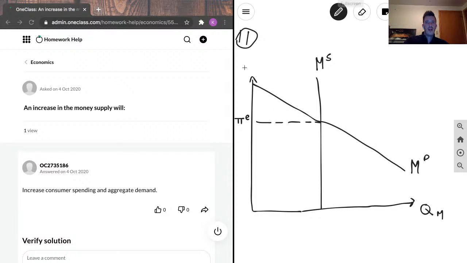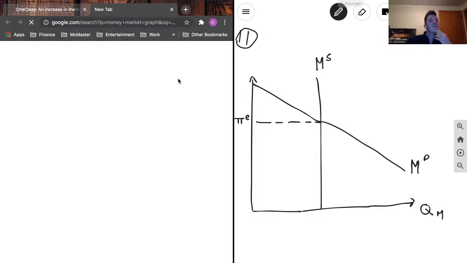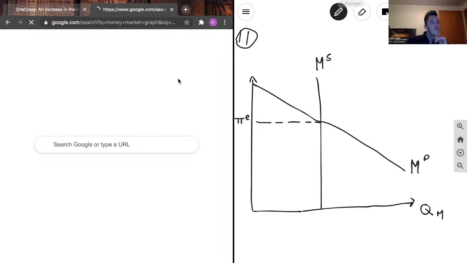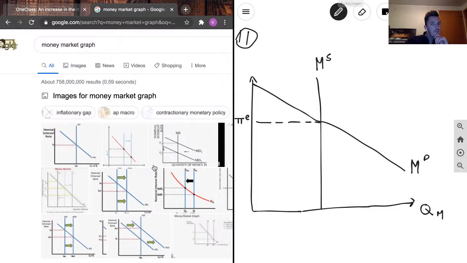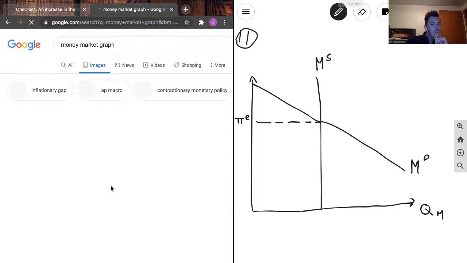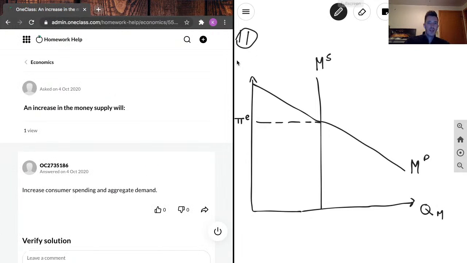I can't remember how to label the y-axis. Oh, just nominal interest rate, which makes sense because that's what I've drawn there.